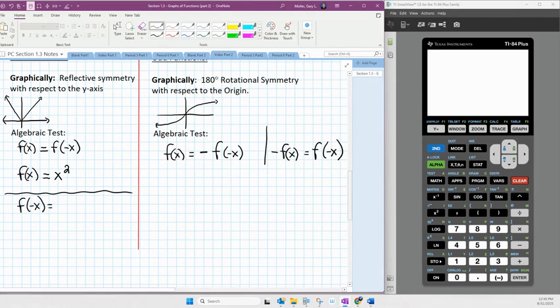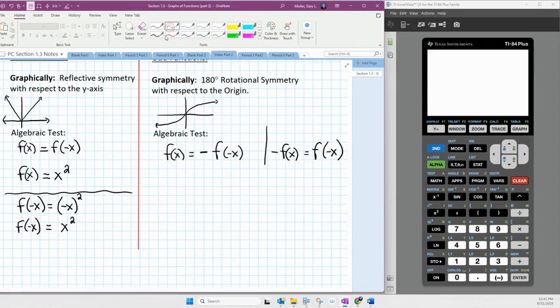I'm literally going to just do exactly what this says, which says go to the function f and replace the x with negative x. So here's the function f, and I'm going to replace the x with negative x, which we know when we square this, a negative squared becomes a positive, and we get x squared. So I have the statement that f of negative x equals x squared.